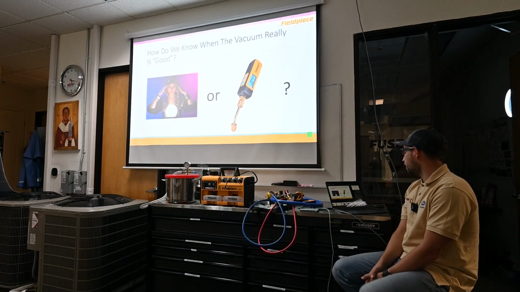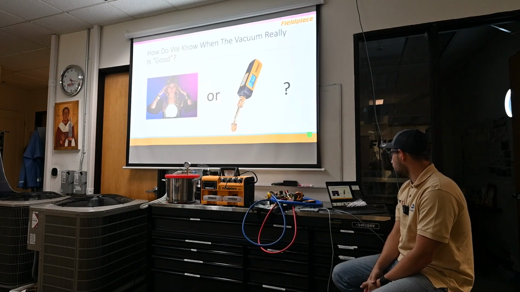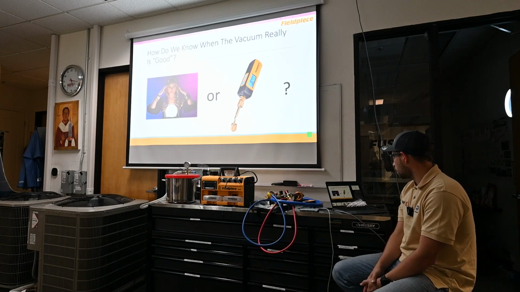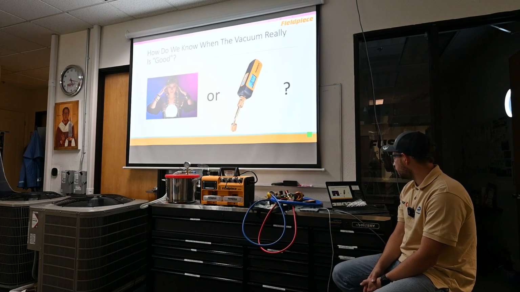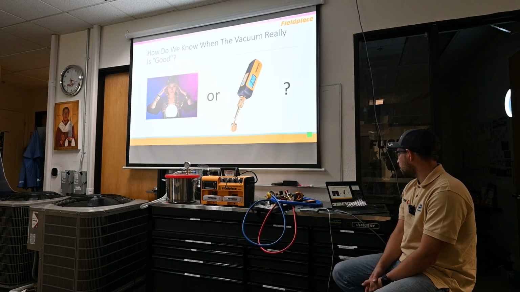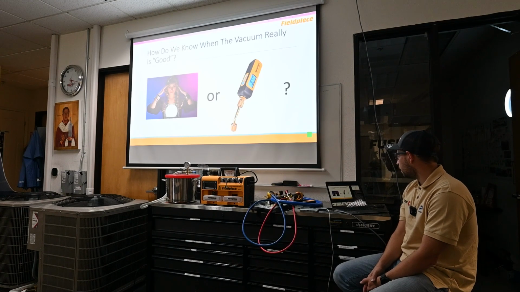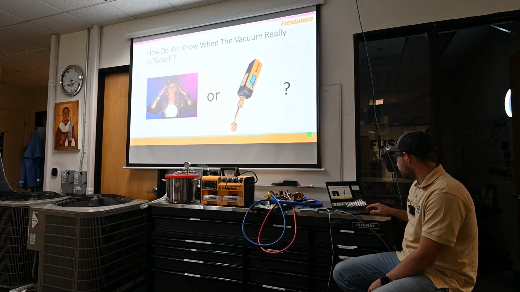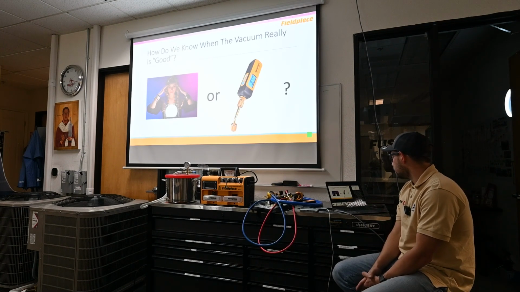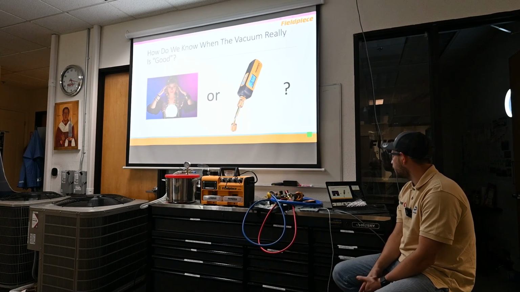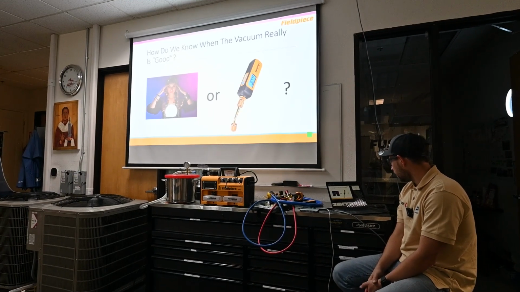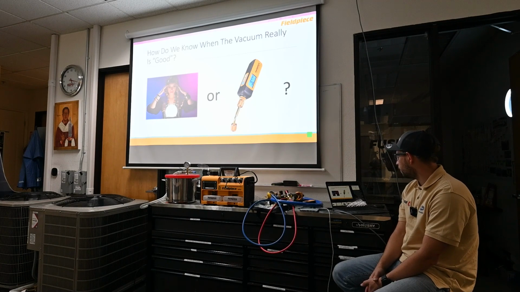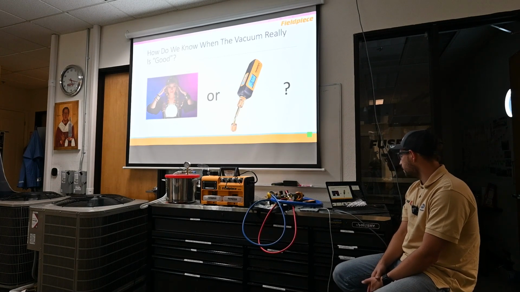To accurately measure the pressure in the systems under vacuum, a micron gauge is used. The typical specified pressure value for most equipment is 500 microns of pressure above absolute zero. At 500 microns of pressure, the boiling point of liquid water is about -12 Fahrenheit or -24 Celsius.